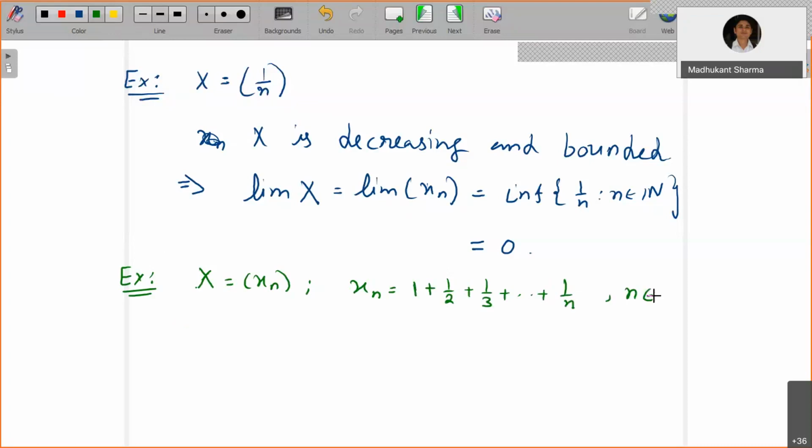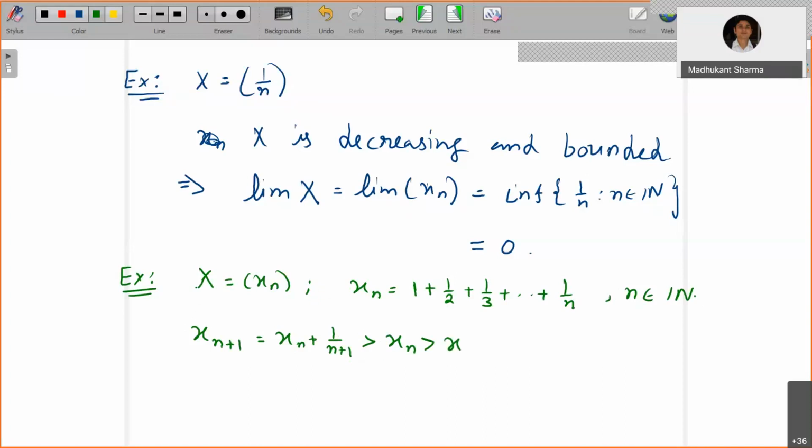This is also called the harmonic series. Now see, xn plus 1 is equal to xn plus 1 by n plus 1, which is certainly greater than xn.